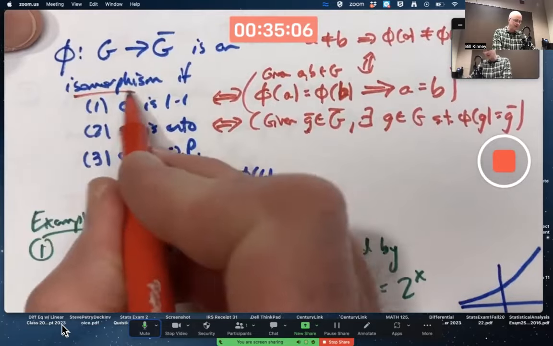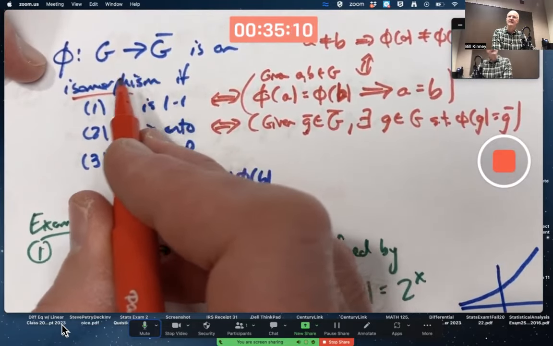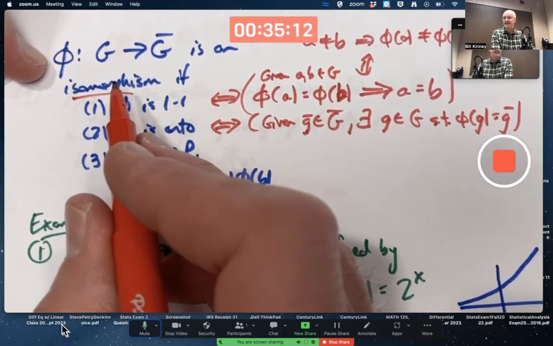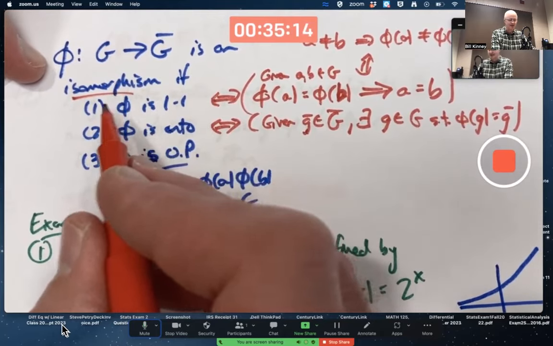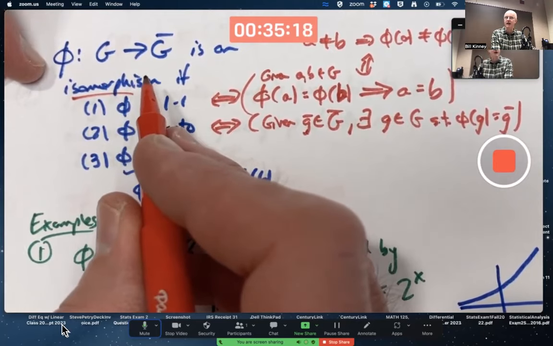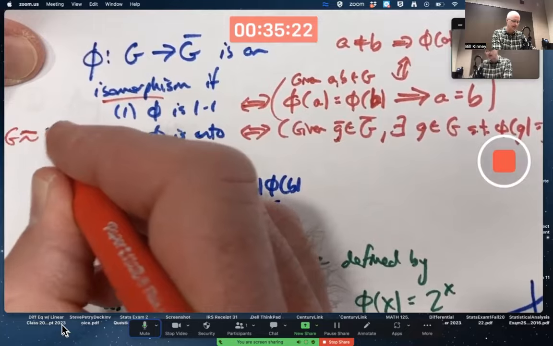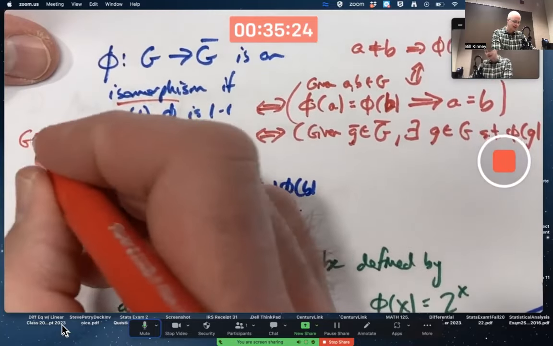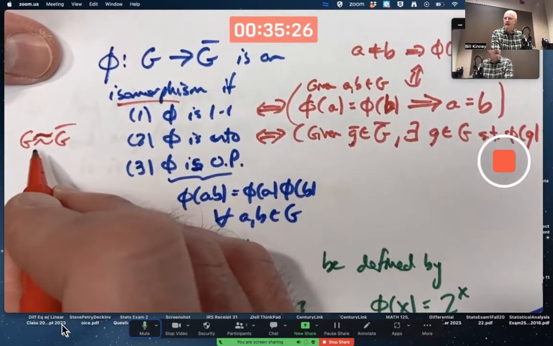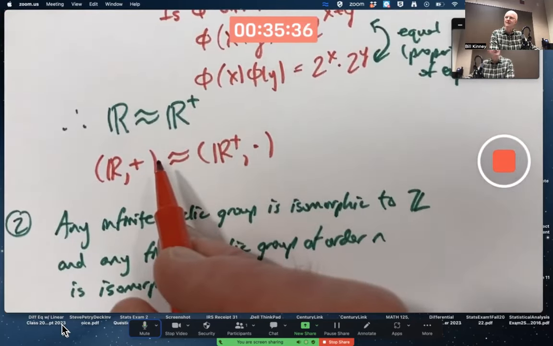When there is an isomorphism from one group to another, then we say those groups are isomorphic. If such a phi exists from G to G bar, then we say G and G bar are isomorphic, and that's when we write what I've been writing here. This is not really an approximately equal to, it's a symbol for isomorphic to. That's what I used here.